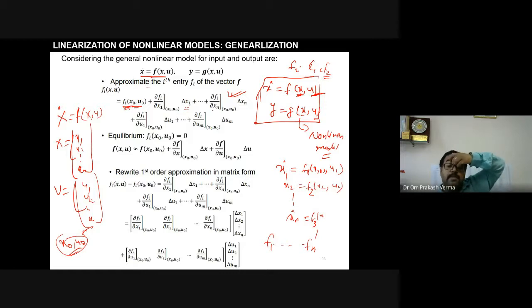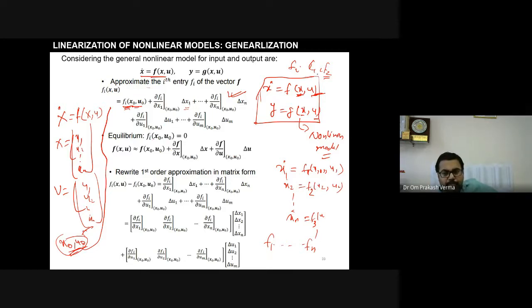So how will the Taylor series be applied to linearize this equation? For that purpose, first we take the nearest point, the neighborhood, or the initial value. We have taken the equilibrium point x naught, u naught. Near this equilibrium point, we expand the function.